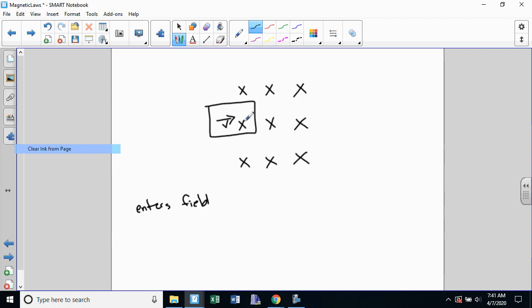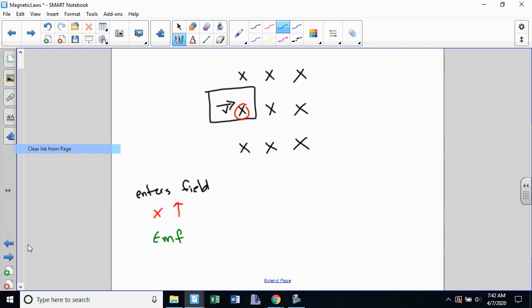As it enters the field, you'll see that I am now picking up more field lines that are into the page. So I'm going to say here that the field into the page is increasing. So I would say for certain there is going to be an EMF. There is going to be a voltage.